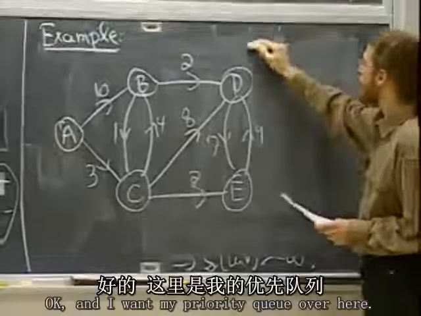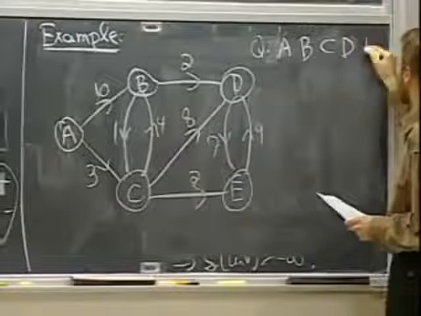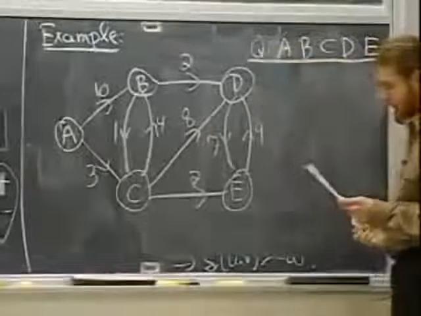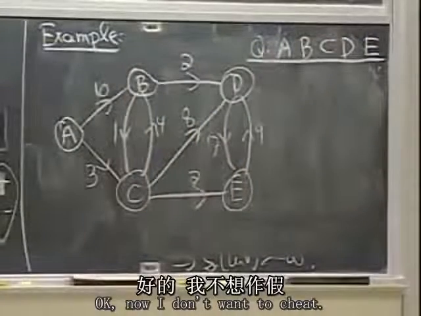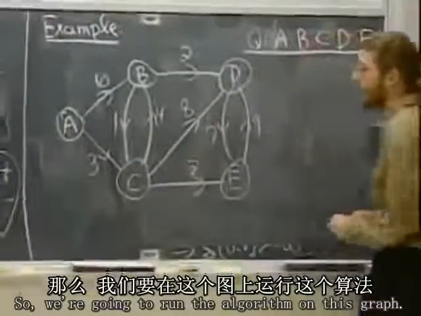And I want my priority queue over here. And I'm also going to draw my estimates. Okay, now I don't want to cheat. So we're going to run the algorithm on this graph.